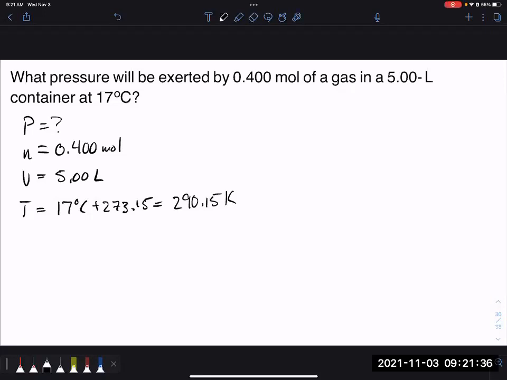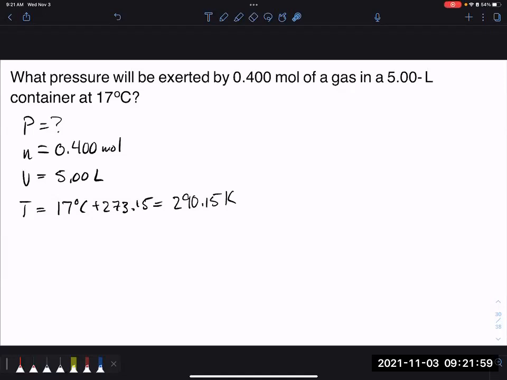Again, like I've said multiple times now, you can write down all these variables and then use that to figure out which equation you're going to want to use from there. A key for using the ideal gas law equation that we got the units for here is that we don't have an initial condition and an end condition. So we're not changing from one thing to another.